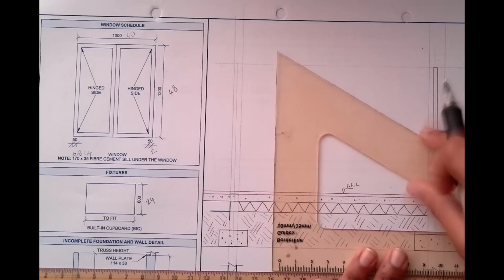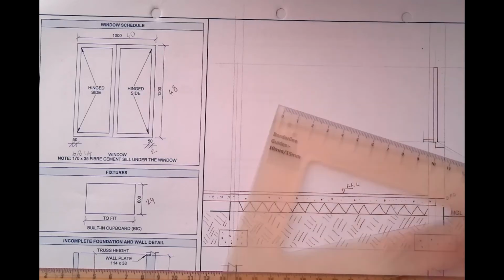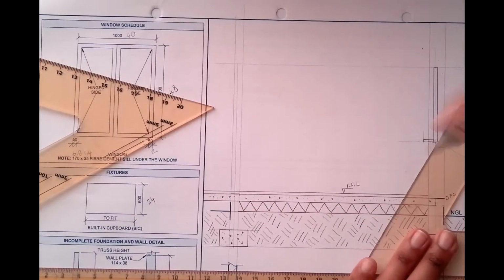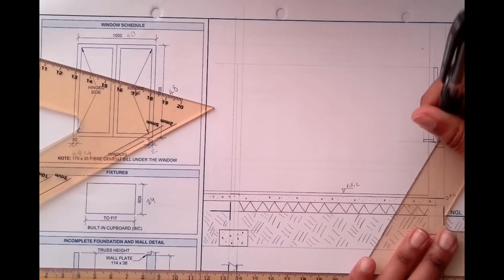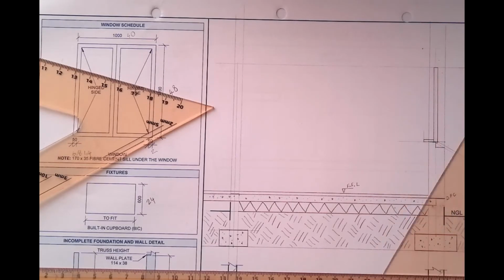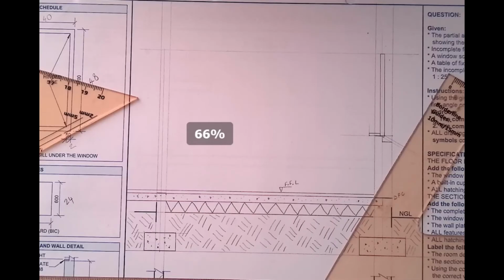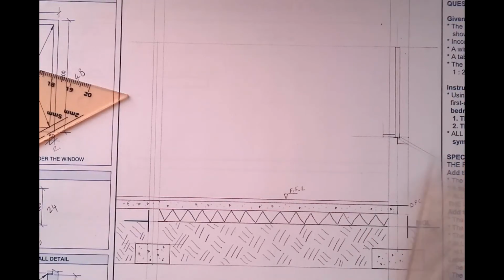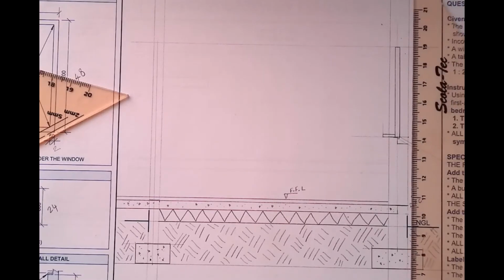There, and then perpendicular to 30 degrees is 60. So I'm going to draw a line from the corner of the window frame, which is here, down like that. Let me just zoom in for you so that you can see the line properly. So this is the line from here to here, 30 degrees.